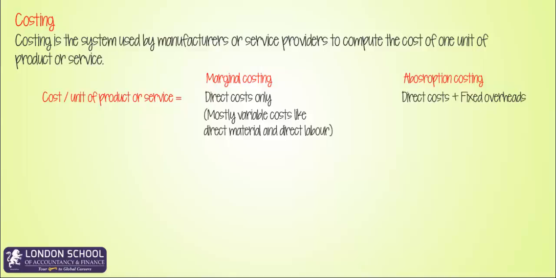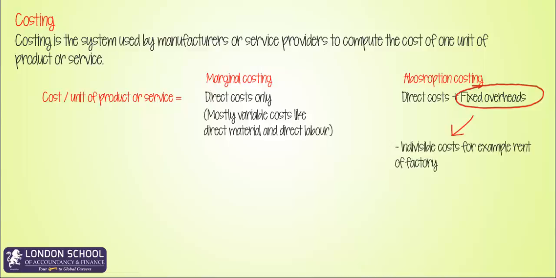Now, do you see a problem there? The problem is with the fixed overheads. Why is it a problem? There are two reasons. The first reason is that the fixed overheads are indivisible. For example, I'm paying the rent of the factory. The factory rent is always paid on a monthly basis, and it is a certain figure.